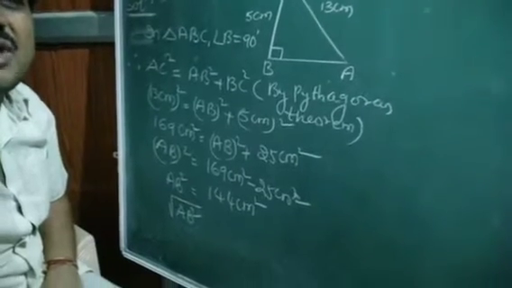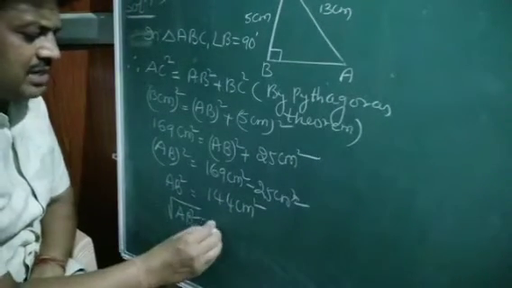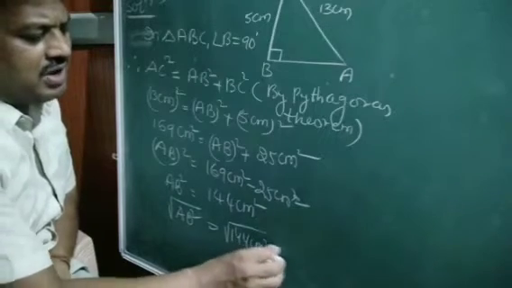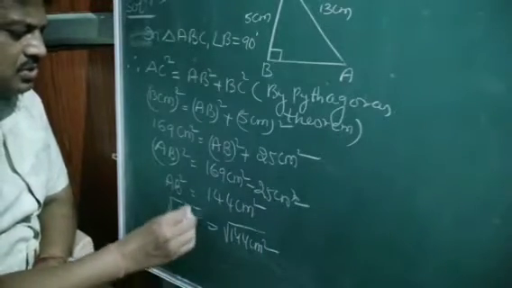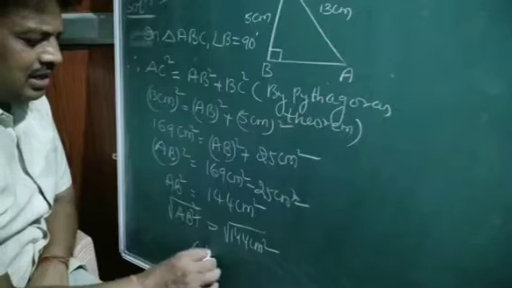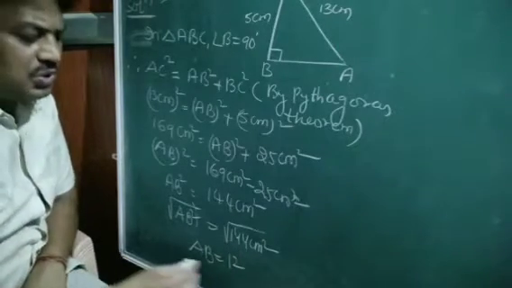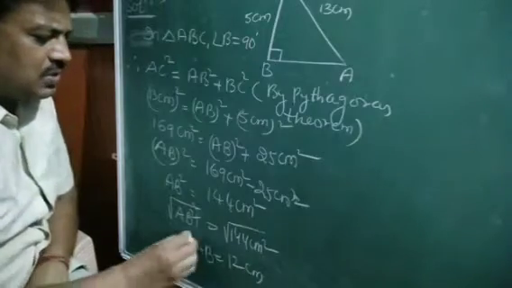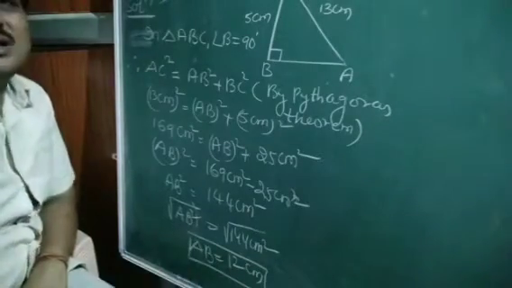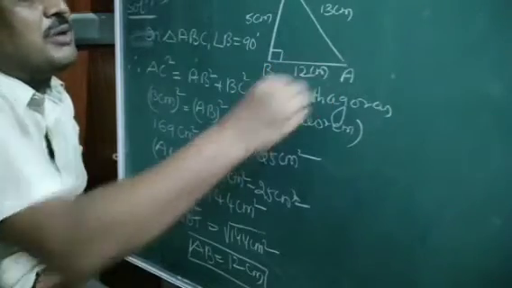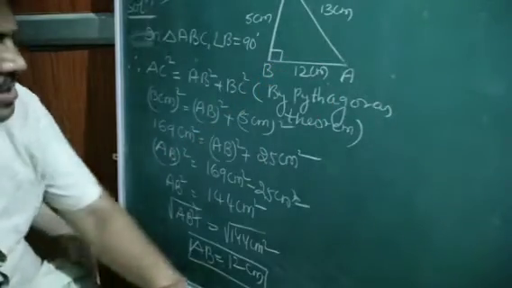So apply square root on both the sides. AB is equal to root under 144 square centimeter. So root and square cancel. AB is equal to 12 centimeter. Now AB we have got 12 centimeter children.